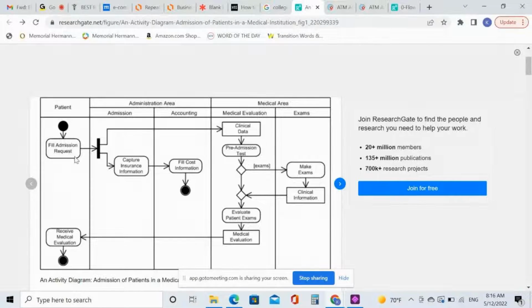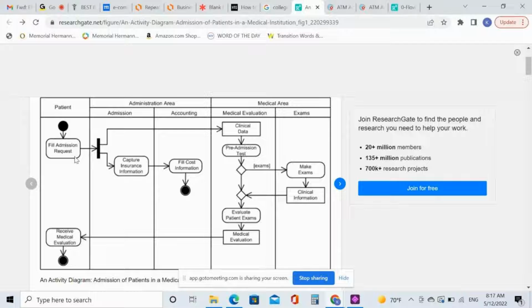So the patient goes to the hospital, and there he needs to fill in a form about his details, his history, like why he came, his age and all those things. I think it happens in the first room. I don't know what that is called.